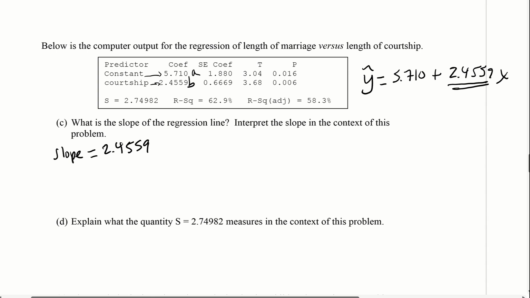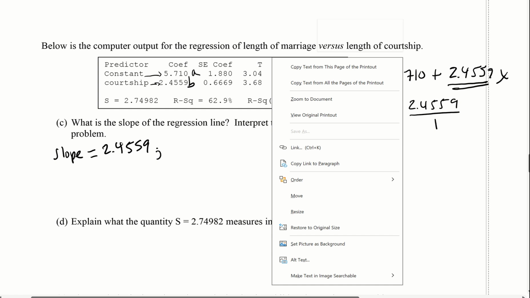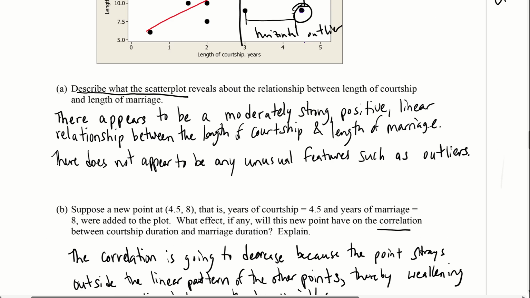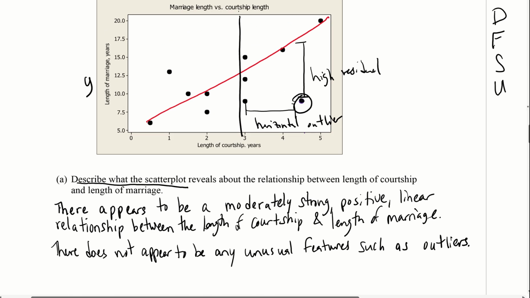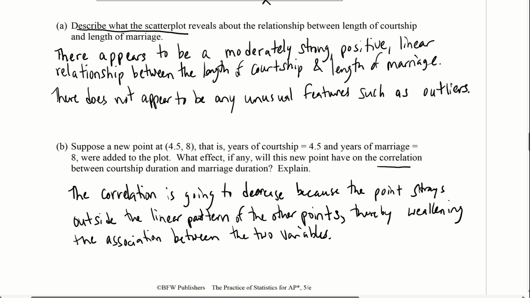And so we want to interpret the slope. Remember, this is over an invisible 1. The units for y are marriage and x is courtship.